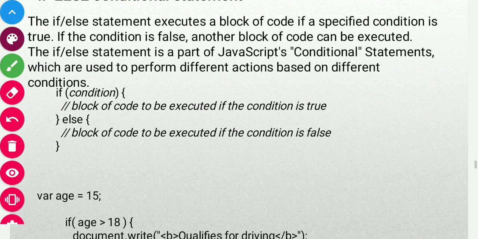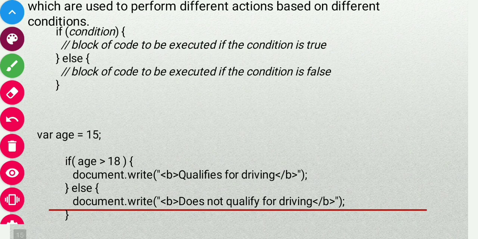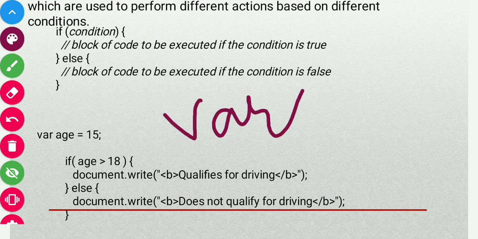So you can see here, for example, we have declared a variable by using the command var. Var is a command which is used to declare a variable. We have declared one variable called age, and in age we have assigned the value 15.